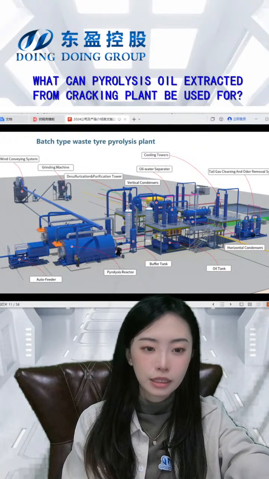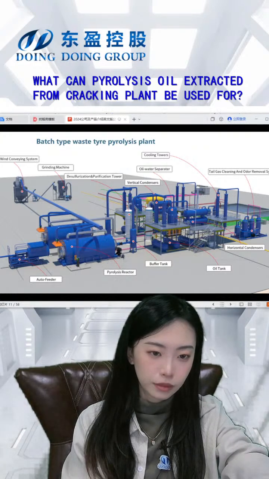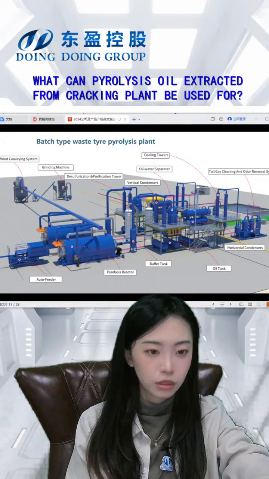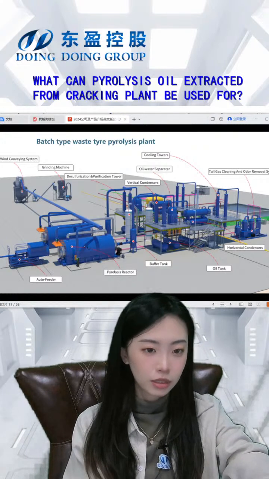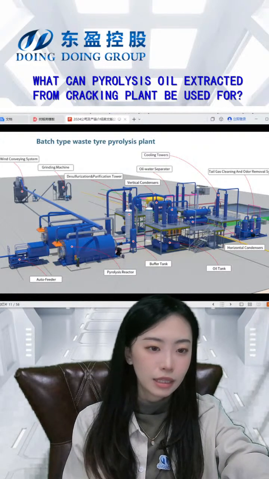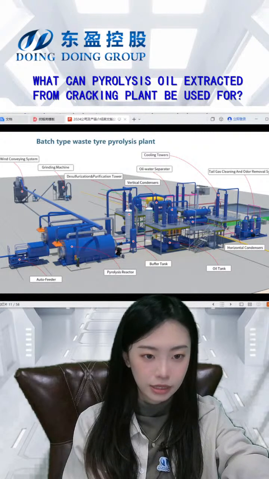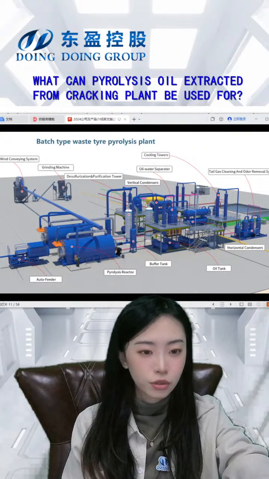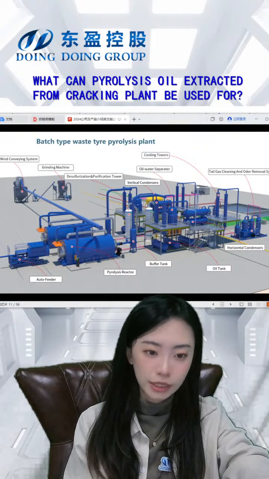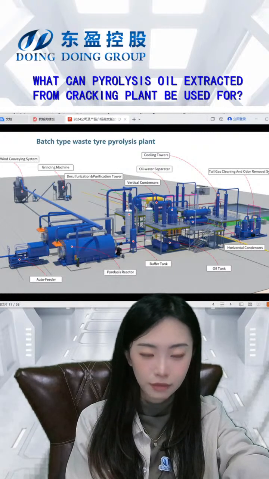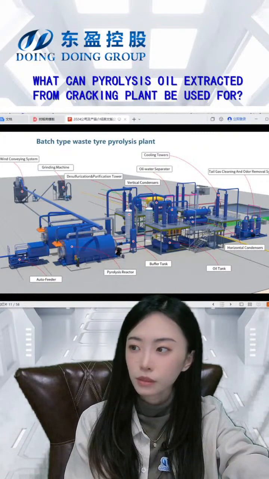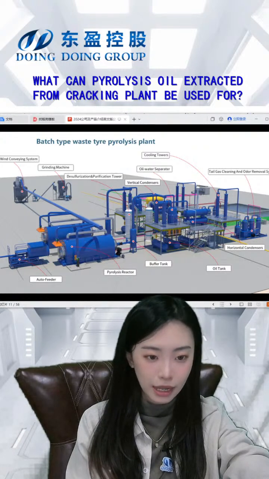And then is the pyrolysis system, or the combustion system, to heat the raw material and turn it from the solid state to gas. Then the gas will come to the condensation system here. It's to cool down the oil gas to fuel oil. This is a temporary storage tank.